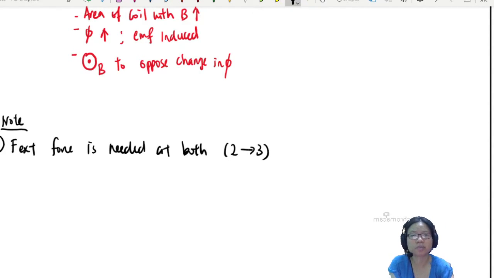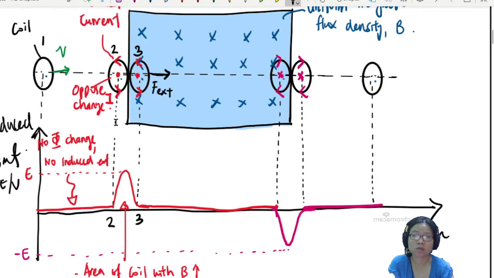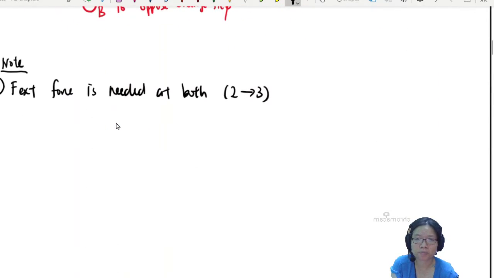And let me finish labeling the positions first, okay? So this is 2, 3. I'm just going to call this 4, 5, and 6. So 4 is here, 5 is here, 6. And 4 to 5.